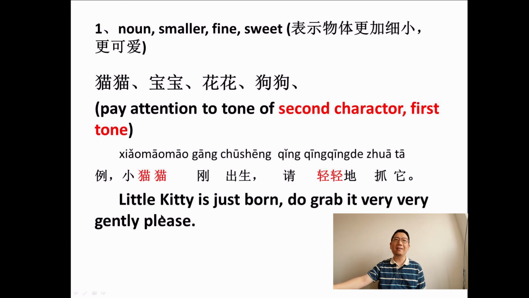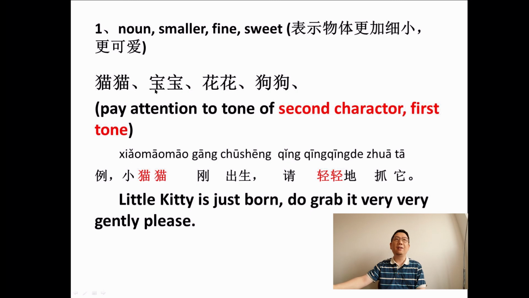Of course, you can say 小猫 or 猫, but it's not so sweet, not so cute. But if you say 小猫猫, it means this cat is very small and very sweet, really cutie, you can have this feeling. It's not cat anymore, it's a kitty in English.